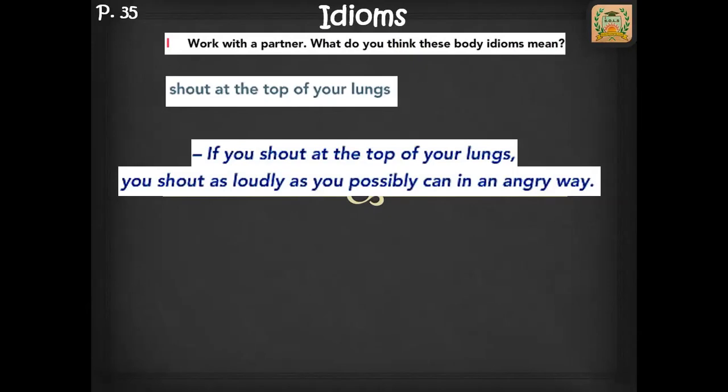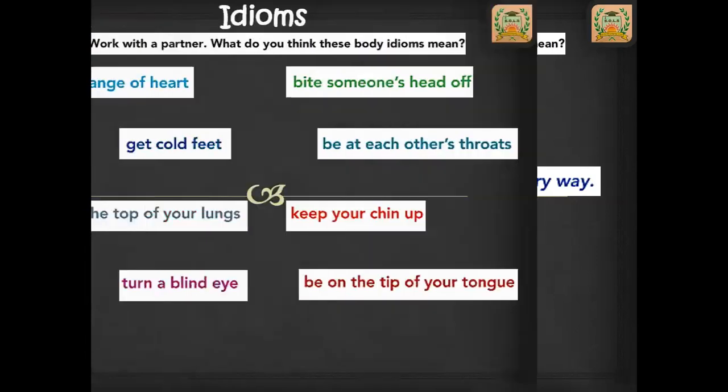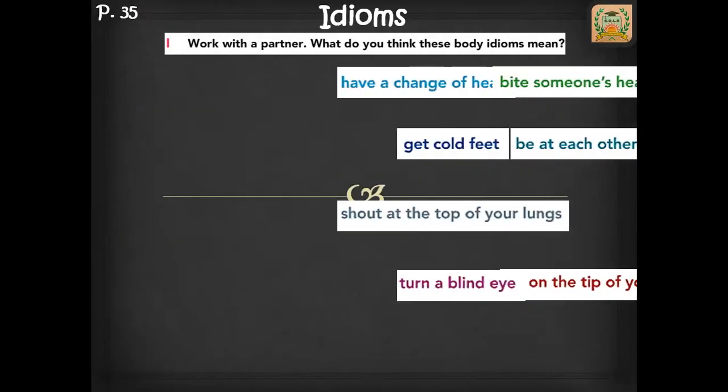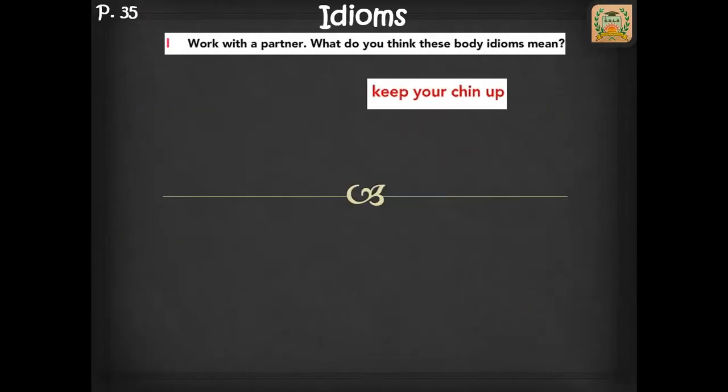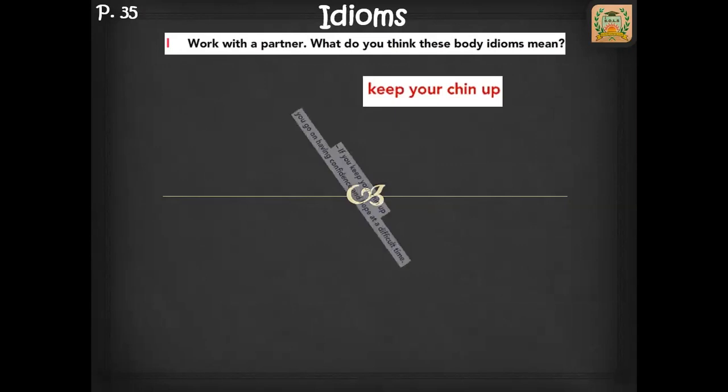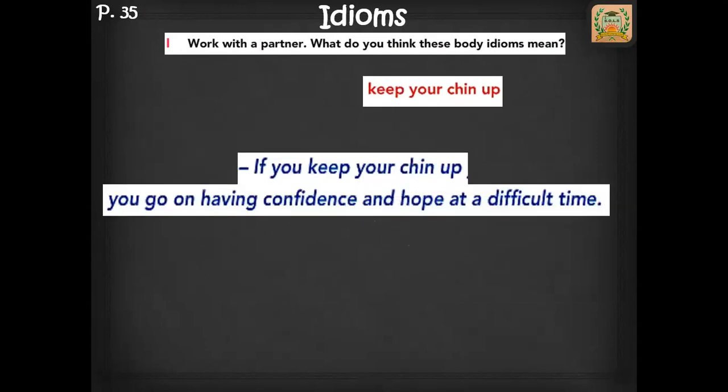If you shout at the top of your lungs, you shout as loudly as you possibly can in an angry way. Keep your chin up. If you keep your chin up, you go on having confidence and hope at a difficult time.